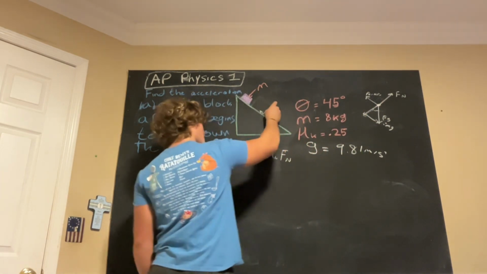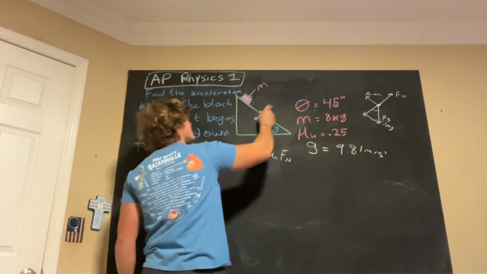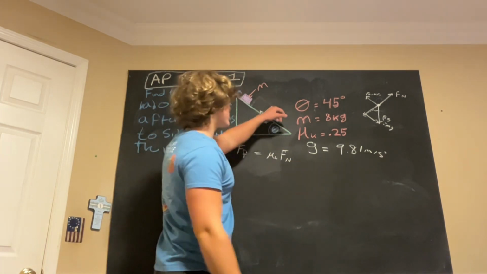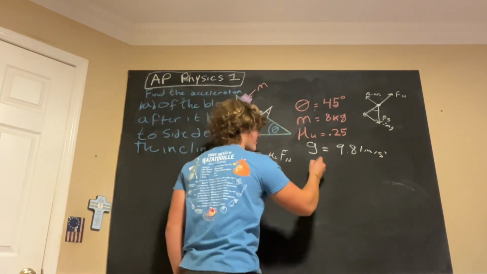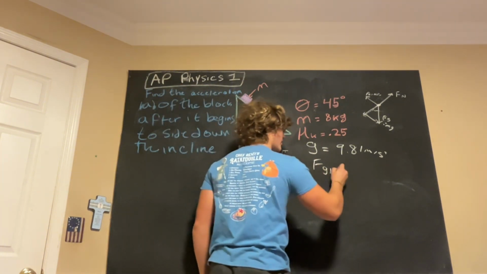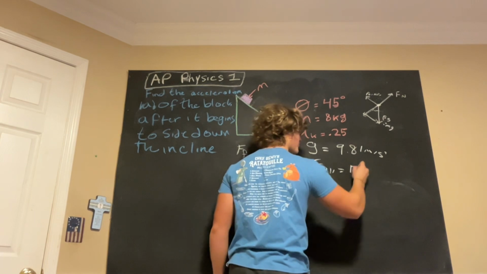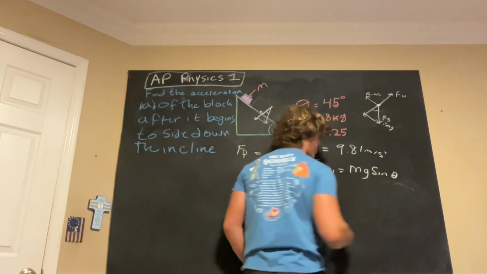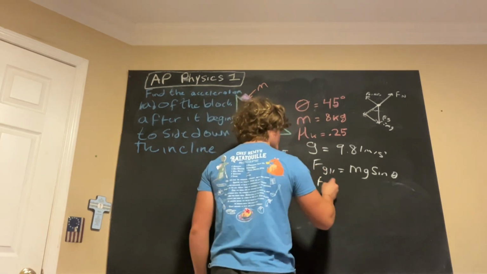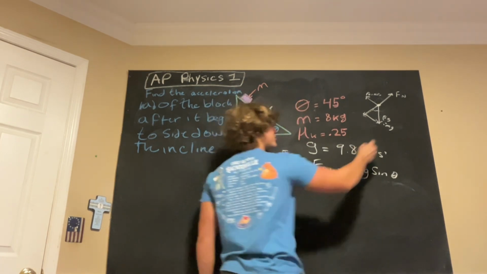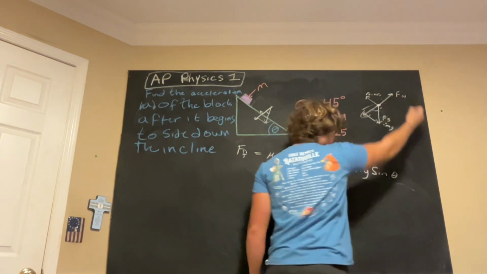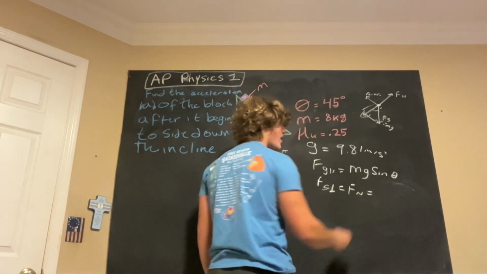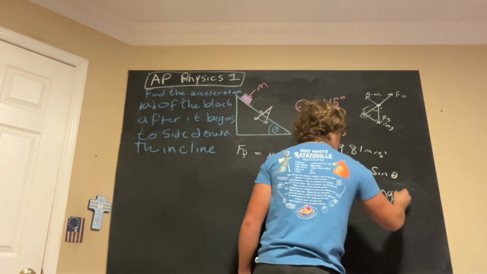If you do some geometry, you get this is your main gravity, and then this is your perpendicular. So this would be your angle. So we have Fg parallel is equal to mg, the force of gravity, times sine theta by vector math. And then you have Fg perpendicular, which must be equal to the normal force, Fn, which is equal to mg cos theta.